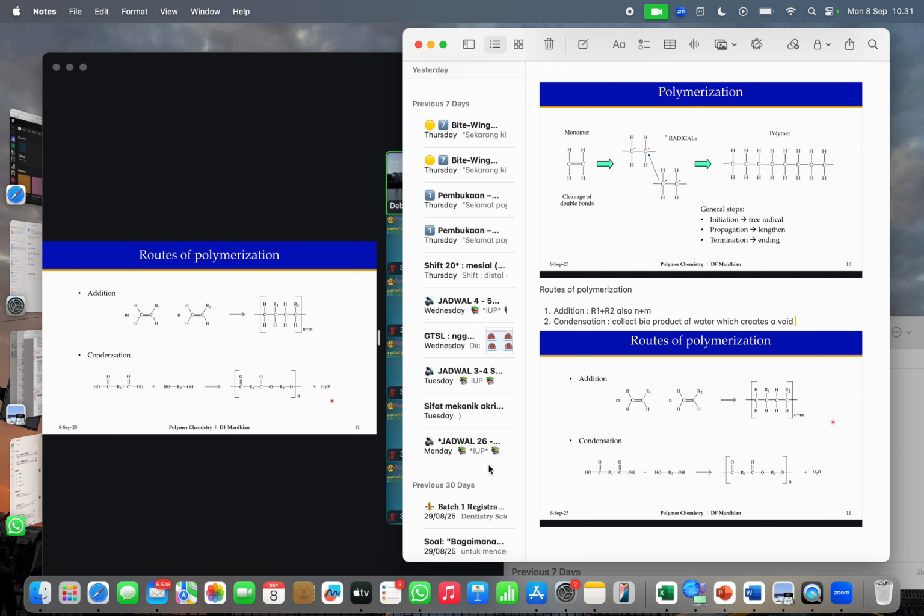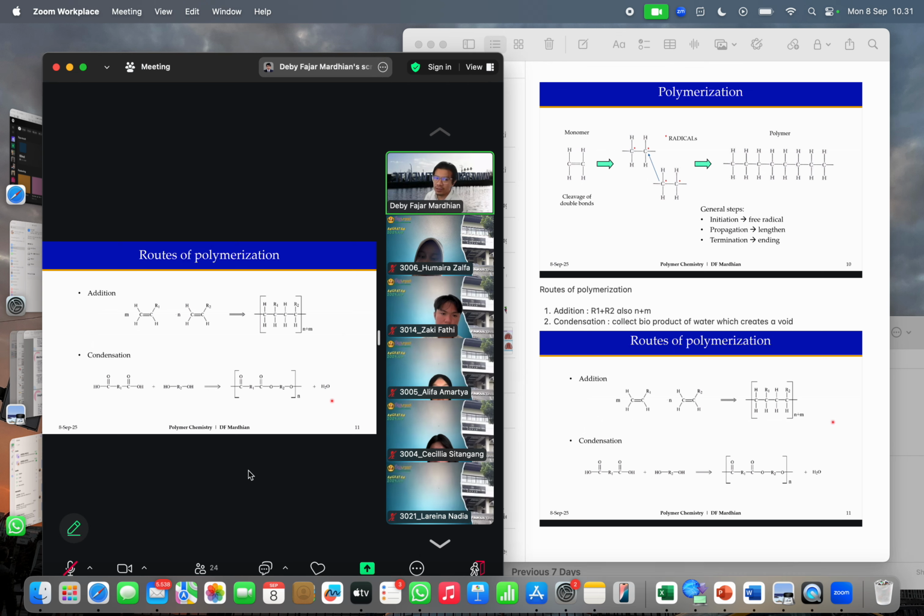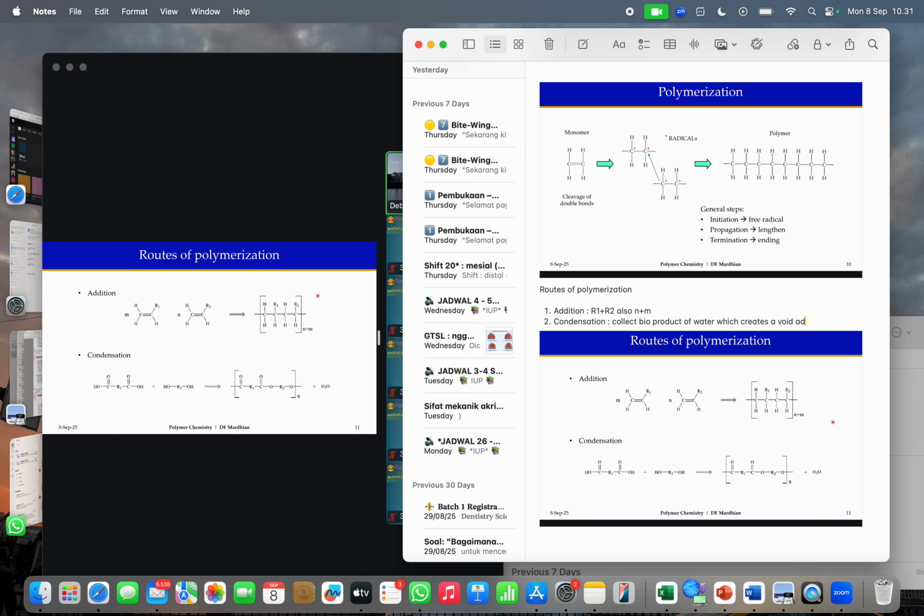In contrast, it will contribute to creating bubbles and voids, and thus the addition route is much better, because the addition route does not create a byproduct.